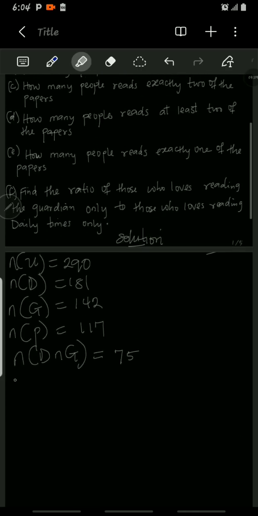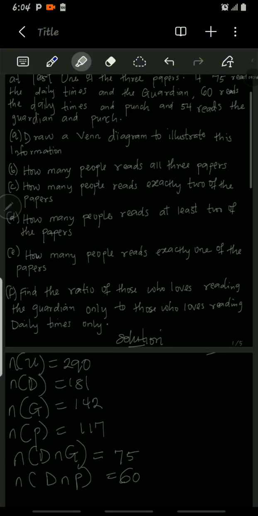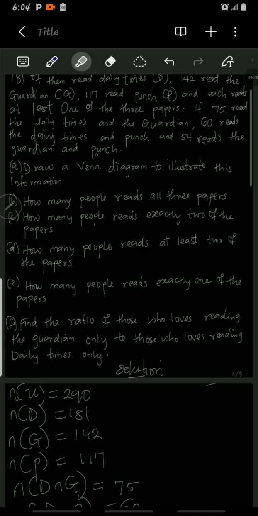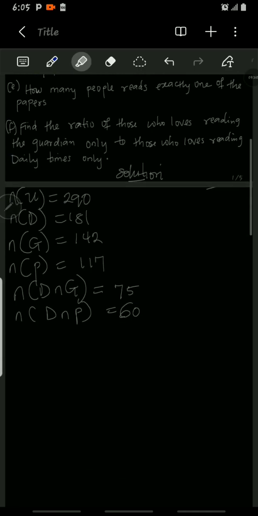So the number of people that read the Daily Times and the Punch, they are 60. Okay, 54 read the Guardian and the Punch. Guardian and the Punch, that's 54.